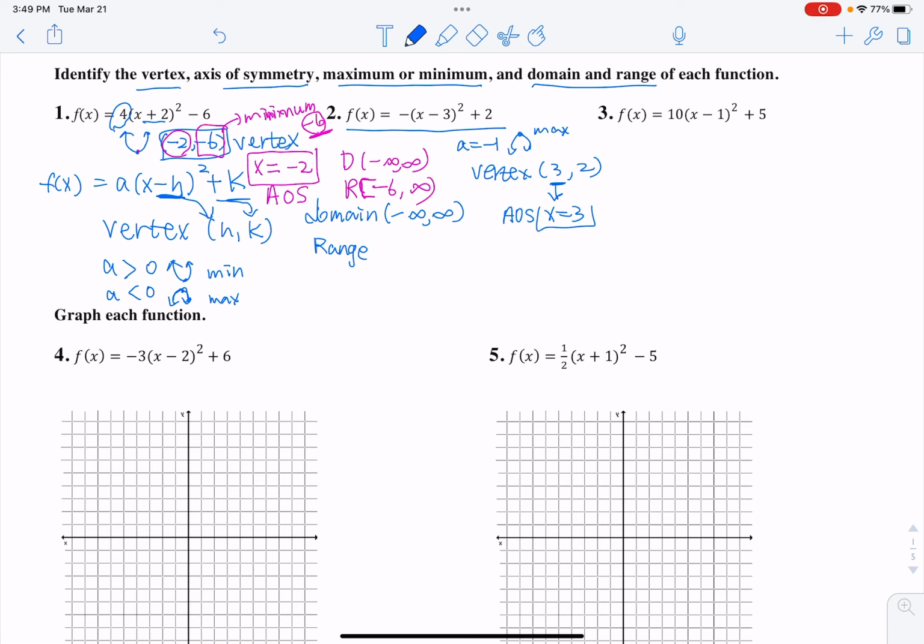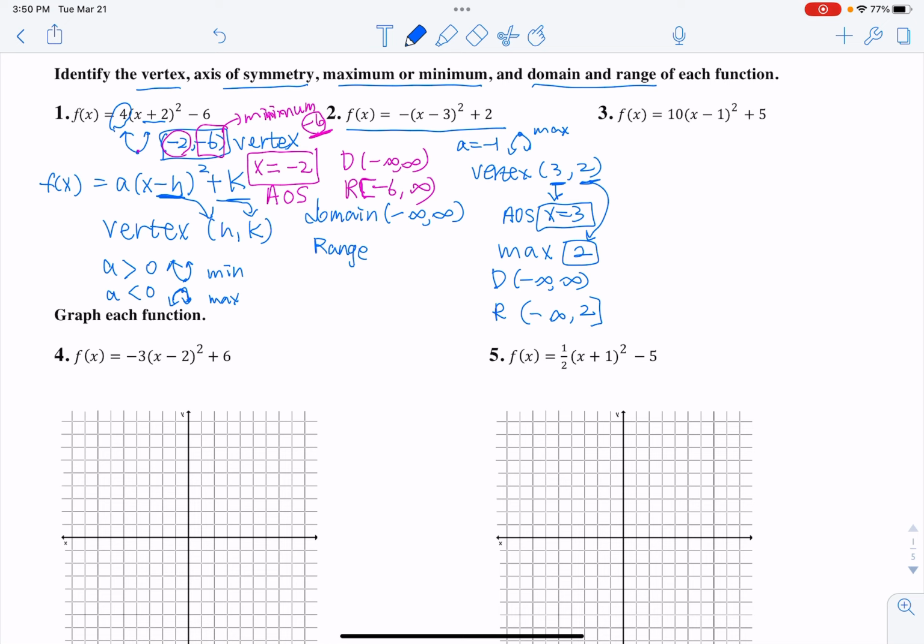You always have to express the axis of symmetry as an equation. The graph has a maximum y value of 2. The domain will be all real numbers, negative infinity to infinity. The range will be, since it's a maximum, from negative infinity to 2 included.